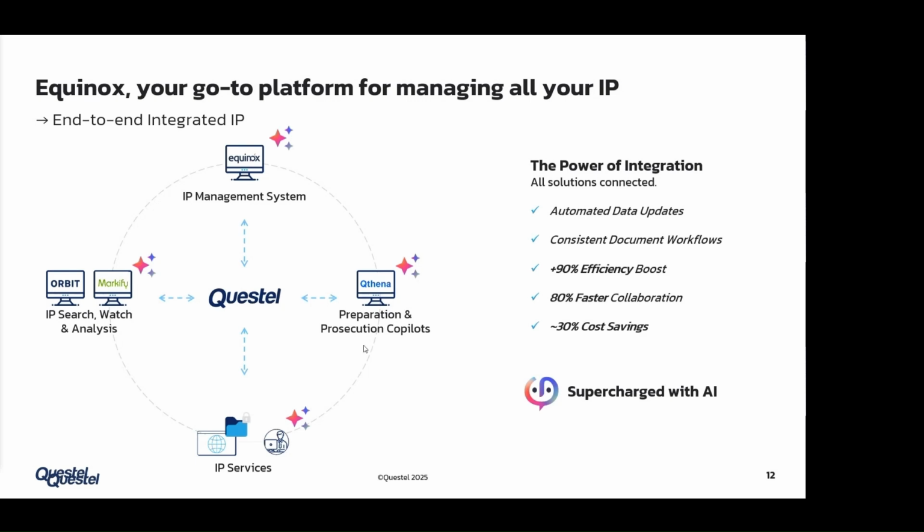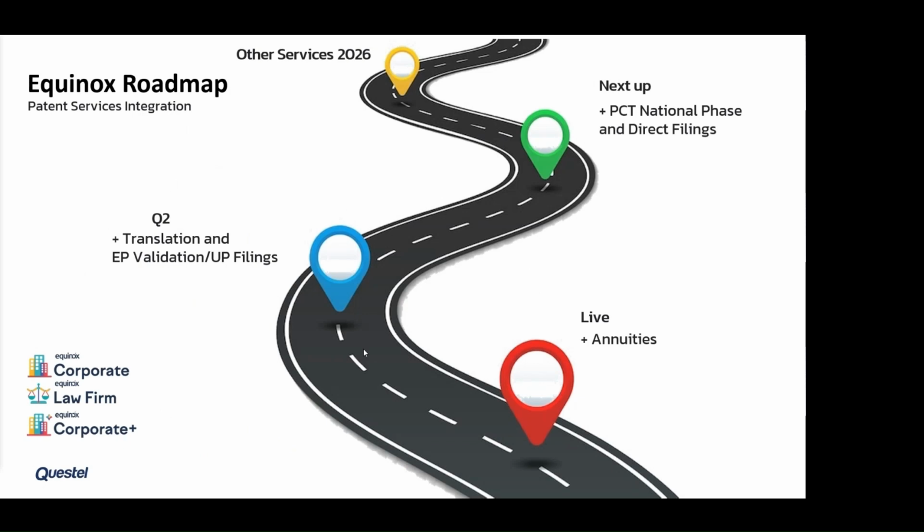And then the Equinox roadmap. I'm pleased to say that the annuities are already live within Equinox. In the second half of this year, we'll be seeing translations, EPE validations, and UP filings, followed by PCT national phase and direct filings, and then other services will come online as we progress with our developments.